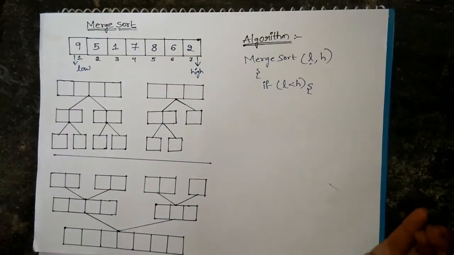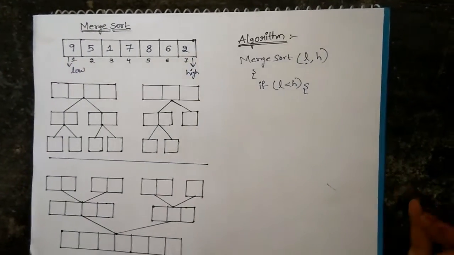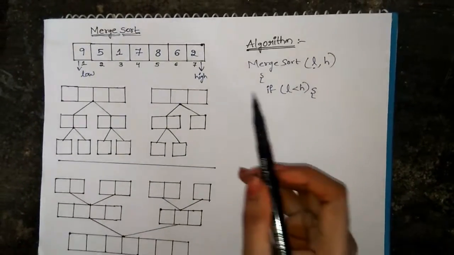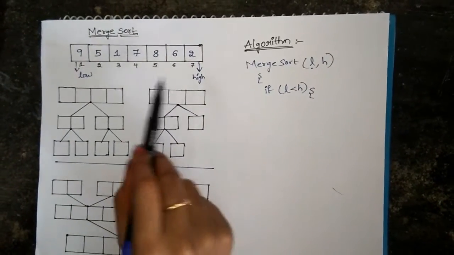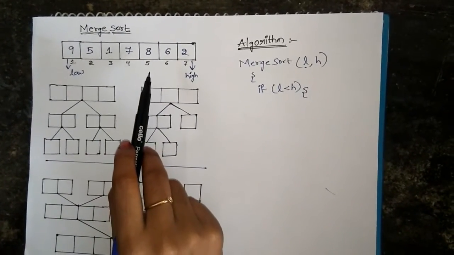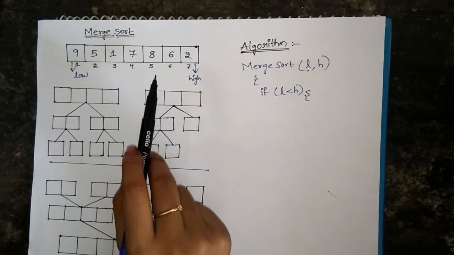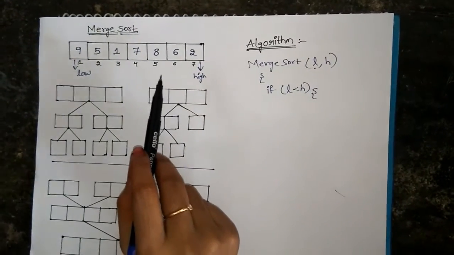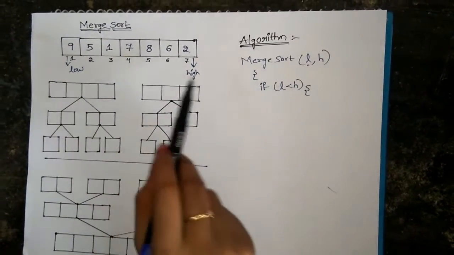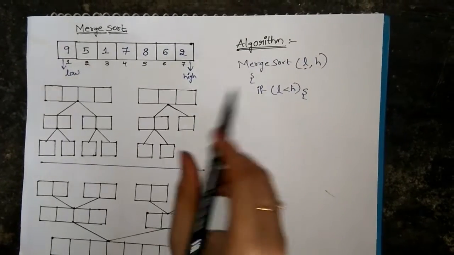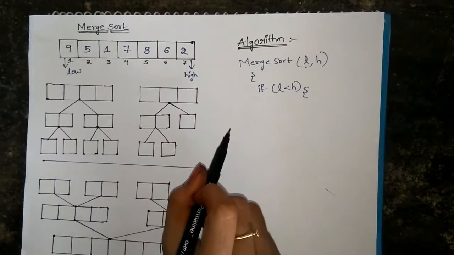No need to sort an array if it contains one element. Or if L is greater than H, it is a blunder, a completely invalid statement. L cannot be greater than H. So check the condition L should be less than H.